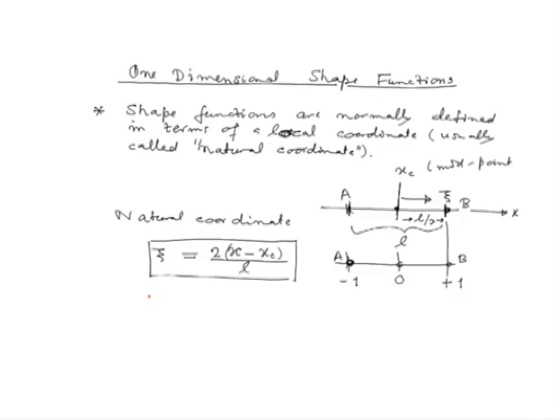Now, depending on the number of nodes, we can specify what type of polynomial variations or shape functions we would like to have. So, now let us have a look at two cases. First is what we call two node linear element.